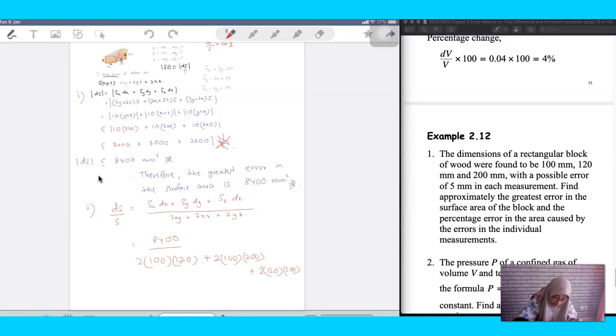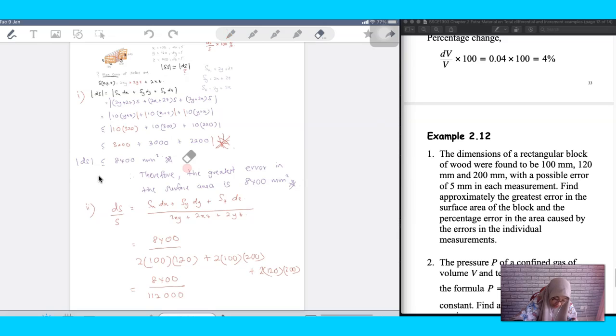When you evaluate that, you will get 8400 divided by 112,000, and that is the relative error.